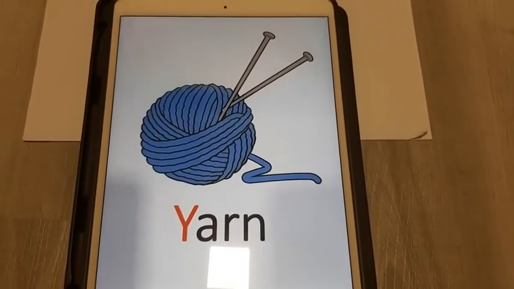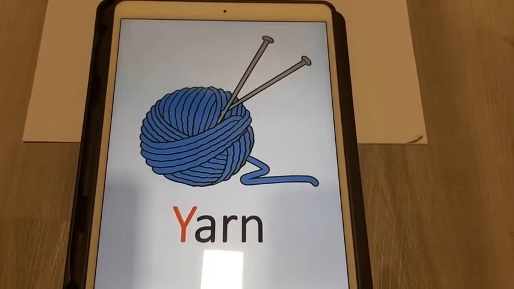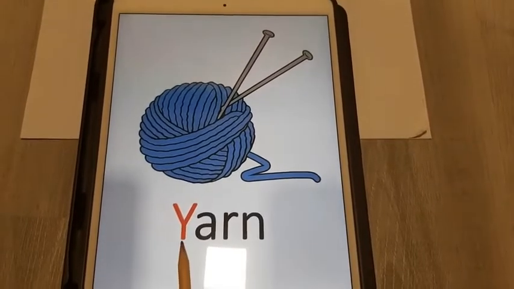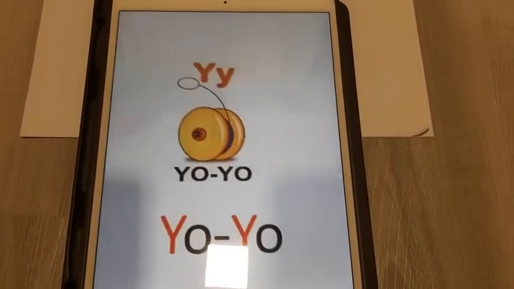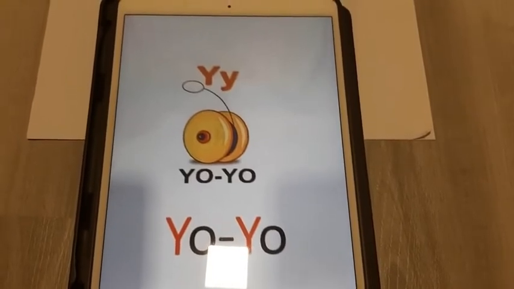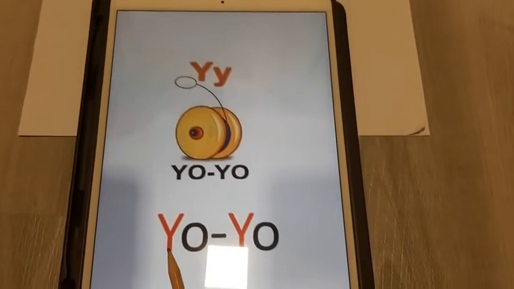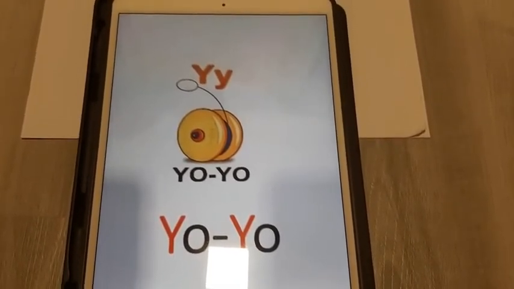Now, what about this? Do you know what this is? This is a yarn, yarn, Y, yarn. Yo-yo, yo-yo, Y, yo-yo. This is a yo-yo. Do you like to play with a yo-yo?